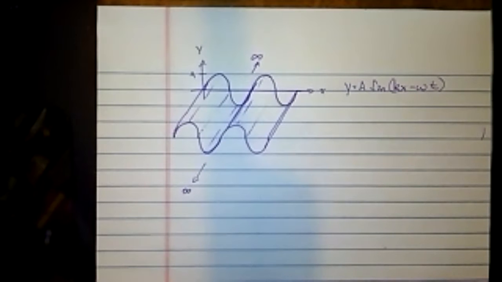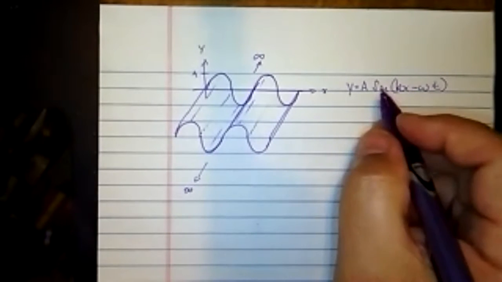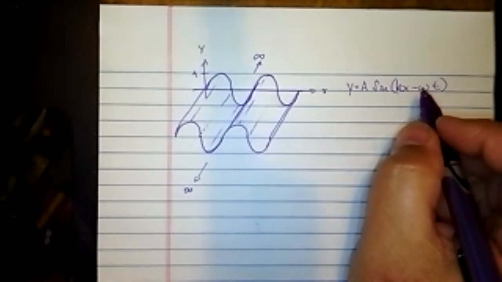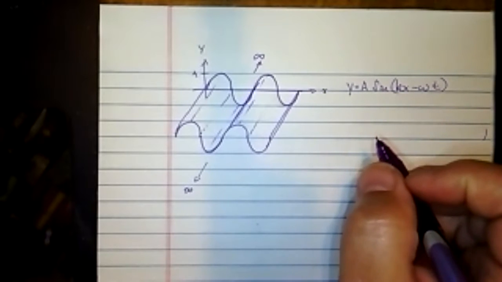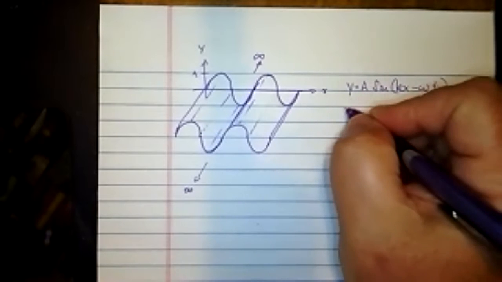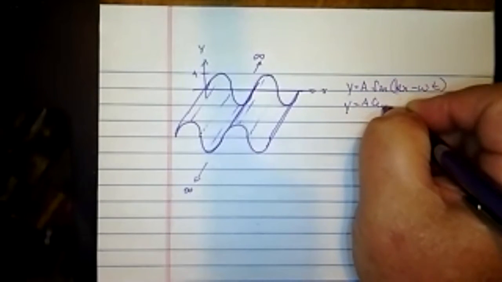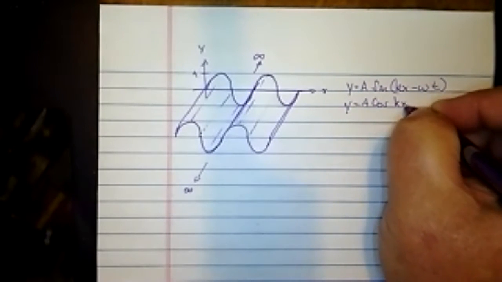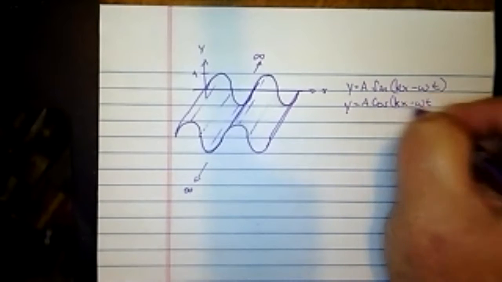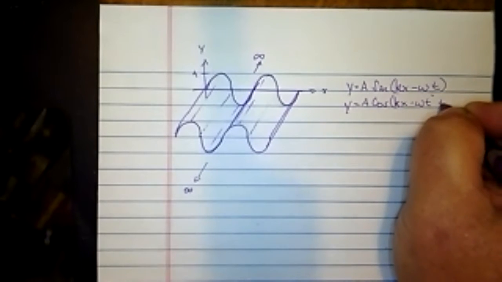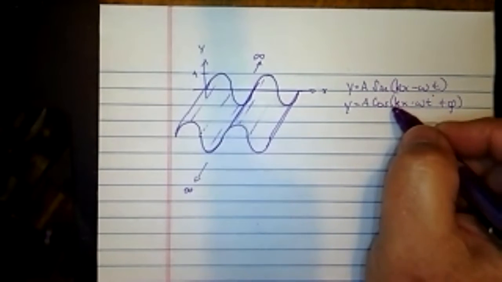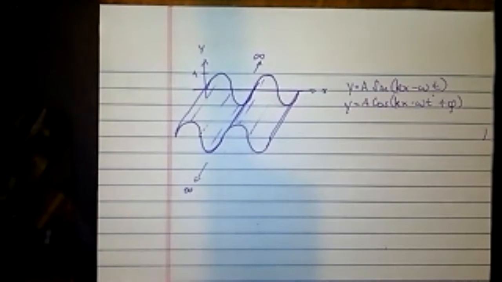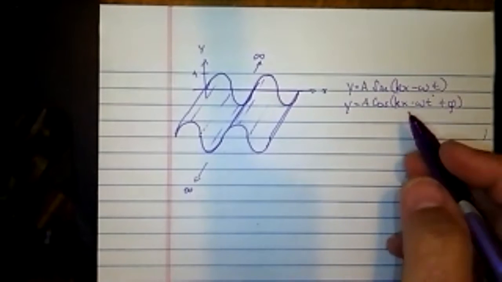Now that would actually be the wave, and what I'm going to tell you is that this is a wave propagating forward, and I'll make some sense of that in a second. Of course, you can also do y equals A cosine of kx minus omega t, and you could just add a phase constant if you want. For instance, if that's chosen properly, then the cosine looks just like the sine, and that would work for this. You could also add a phase constant there.